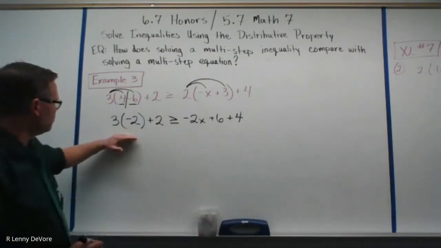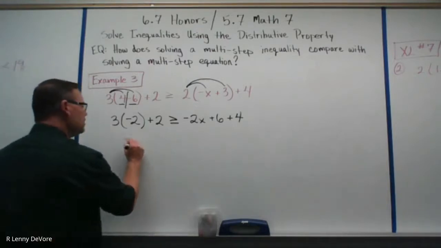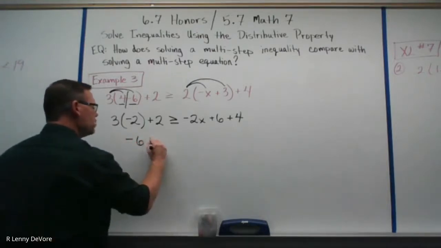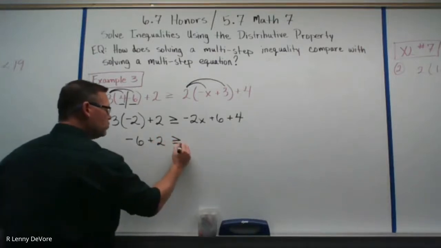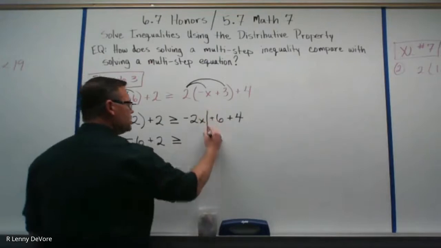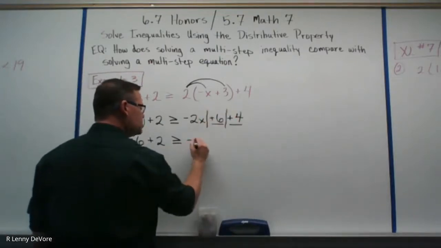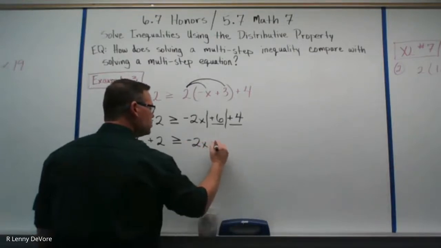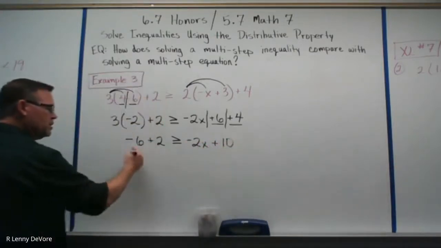Right here, I'm going to multiply. A positive multiplied by negative, -6 plus 2, greater than or equal to. I separate these terms. I can combine these two. -2x plus 10. I can still combine these two.